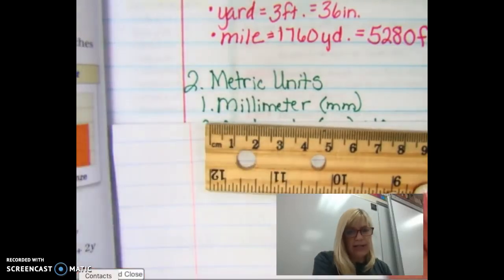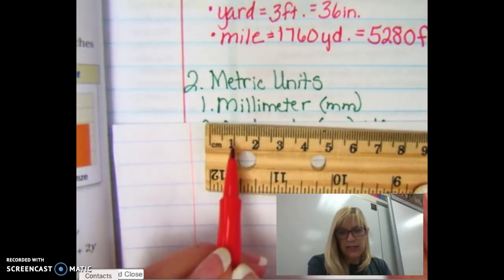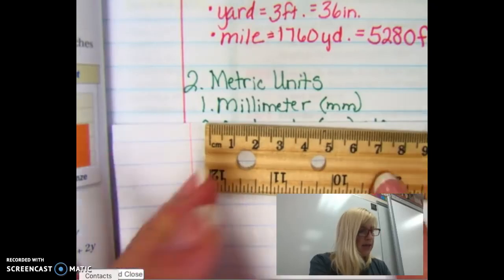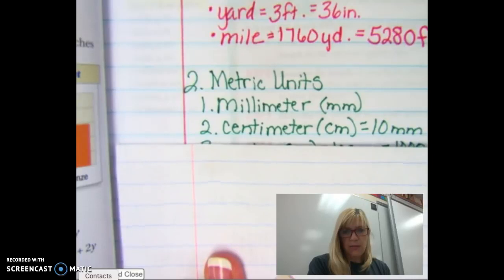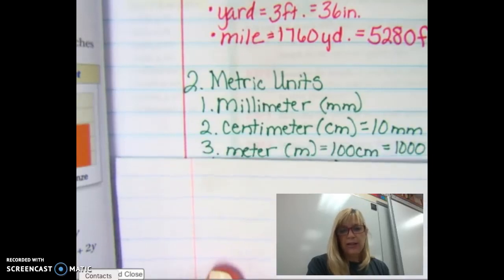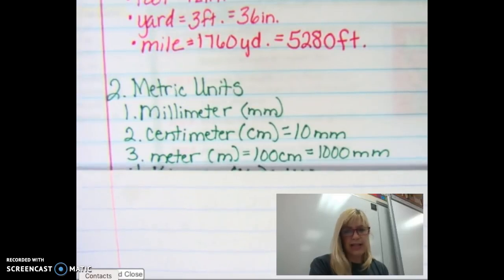So very, very small. It takes 10 of those, or a stack of 10 dimes, to get to 1 centimeter, which is our next metric measurement. We move from that to meters, which is 100 centimeters or 1,000 millimeters.